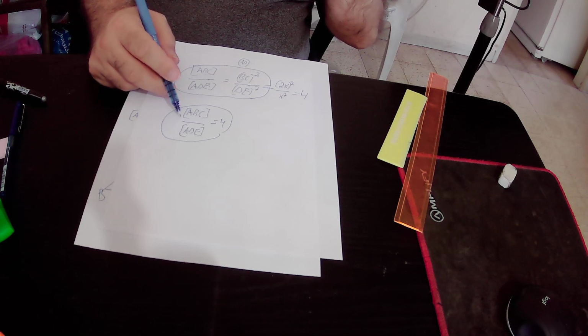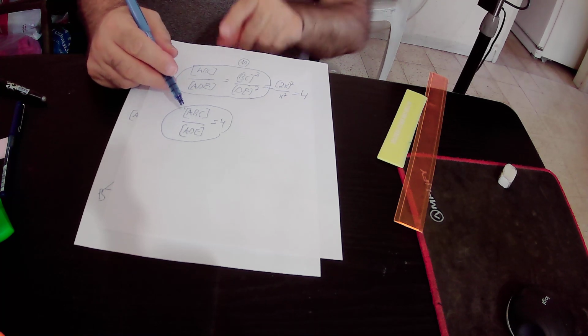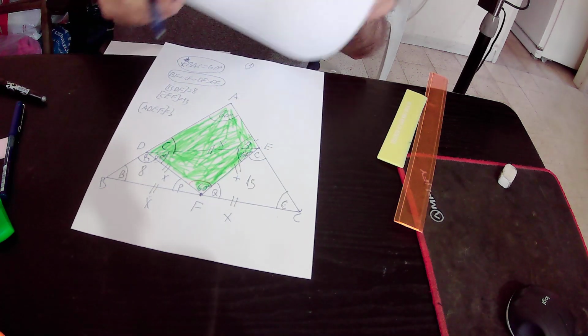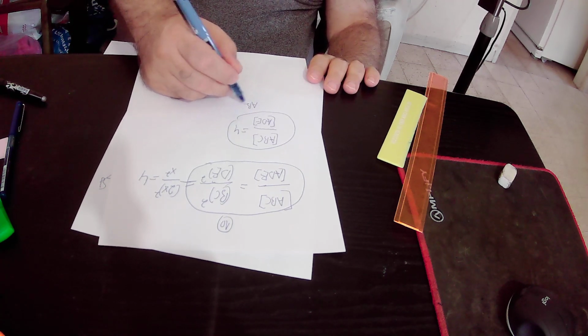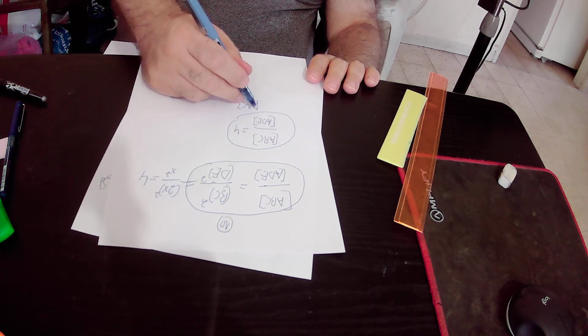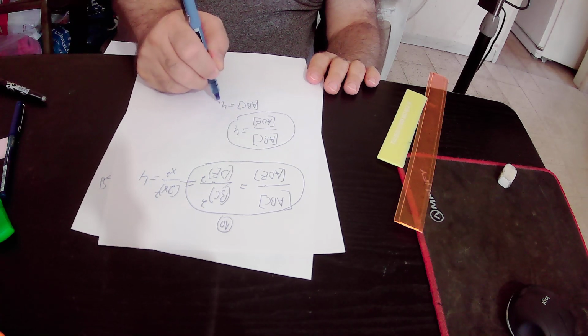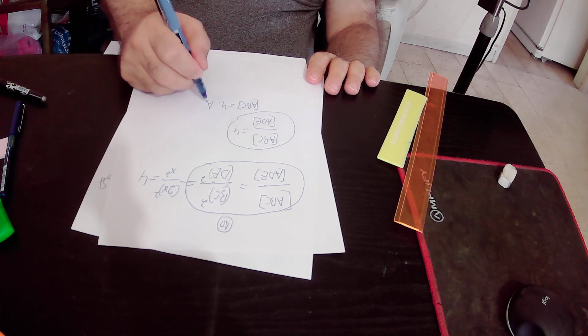If we multiply this equality by the area of triangle ADE, we get that the area of triangle ABC equals 4 times the area of triangle ADE.